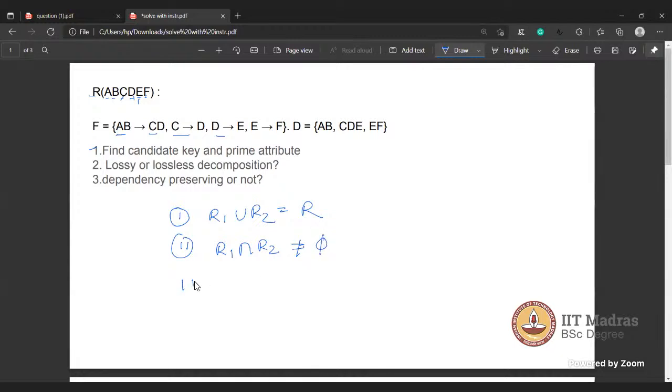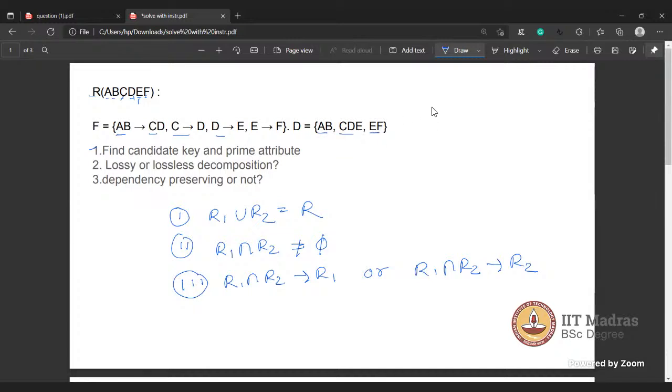And the third condition is R1 intersection R2 must be a key in R1 or R1 intersection R2 must be a key in R2. The decompositions given are ABCDE and EF.